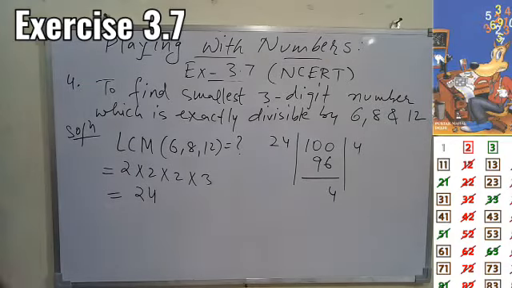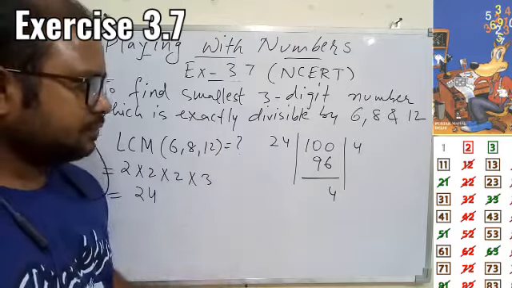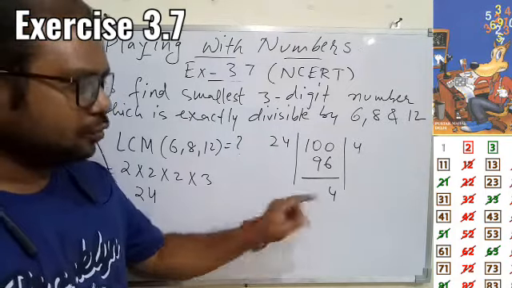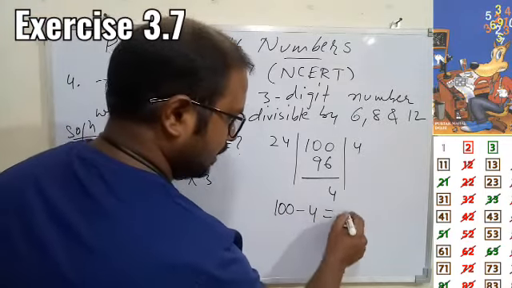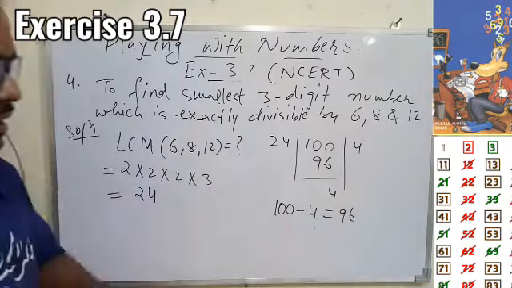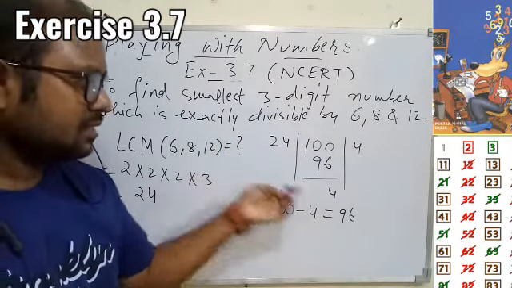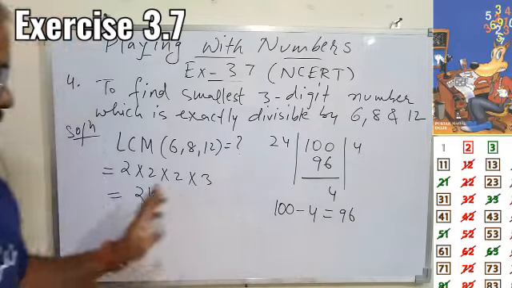Okay. So we know 100 is the smallest 3-digit number, and once we divide it by 24, we are getting the remainder 4. So you understood, 100 minus 4, 96, is divisible by 24. So we can say 96 is a multiple of 24, but that 96 is not a 3-digit number.